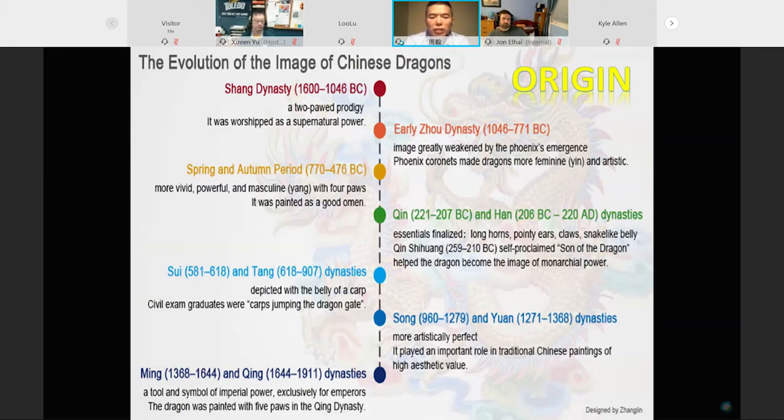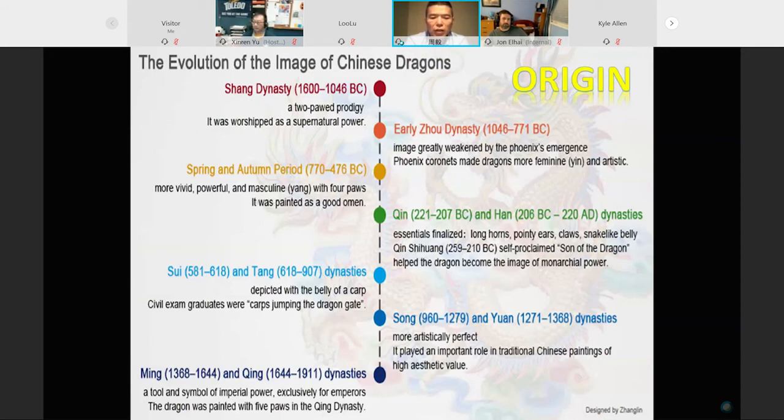The image of the Chinese dragon is primarily thought to have originated from the totems of different tribes in ancient China. The totem is an object which represents an animal or plant. It also serves as the emblem of a group or tribe. It was common in ancient China, when tribes merged, to also merge their emblems.